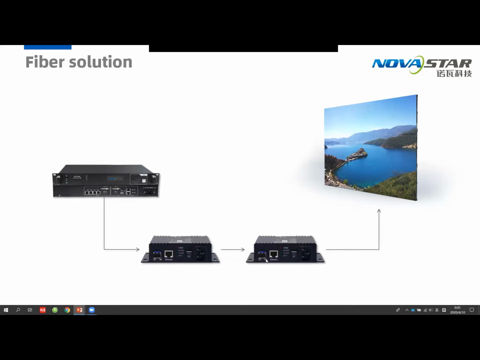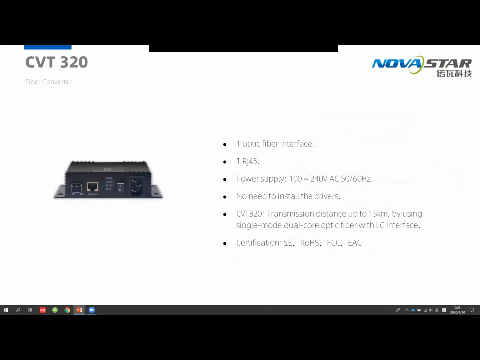Those two converters are the CVT 320, and the transmission distance is 15 kilometers. It should work with single-mode dual-core optic fiber. So that's the only difference between the CVT 310 and the CVT 320.